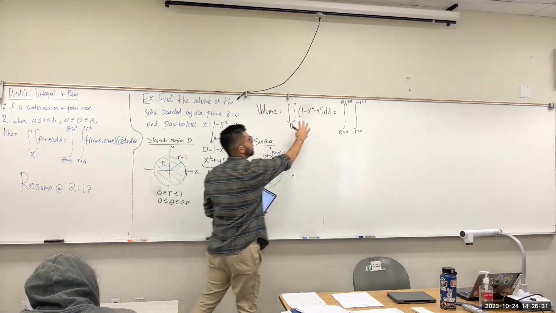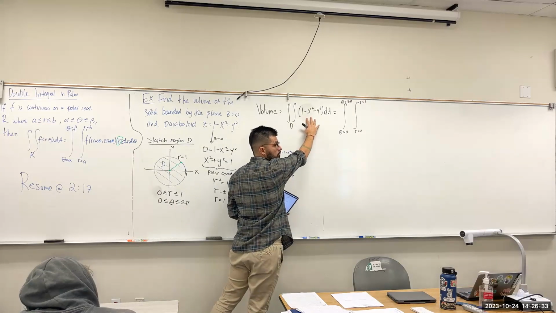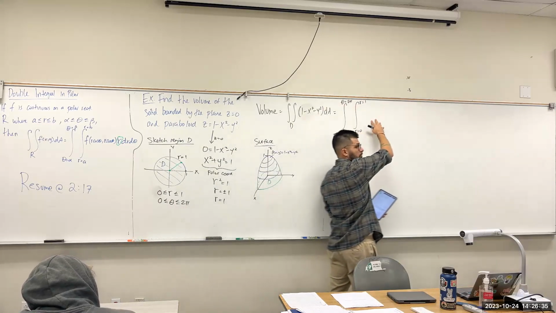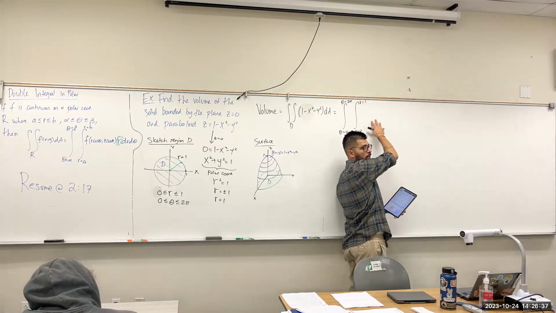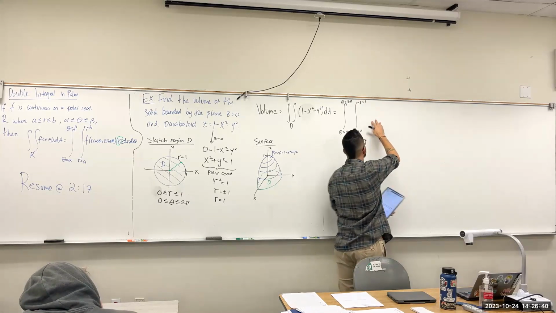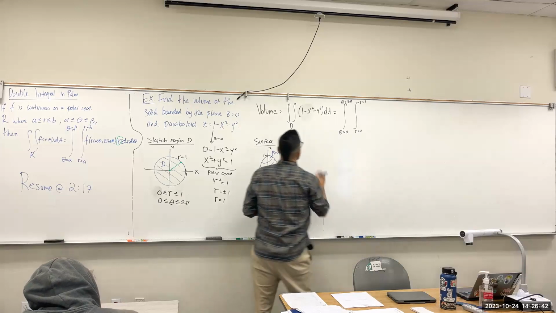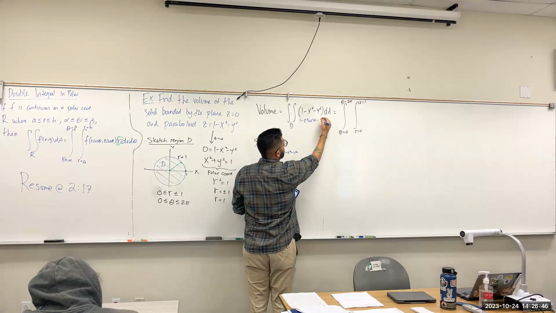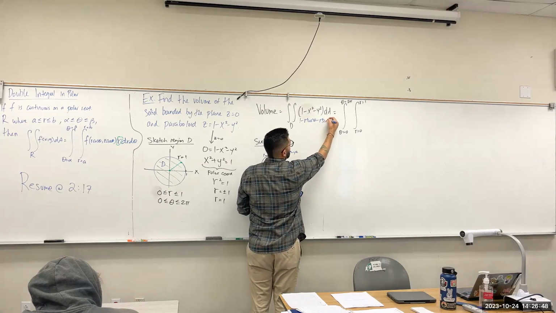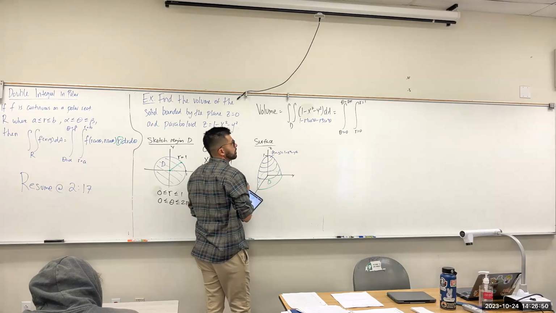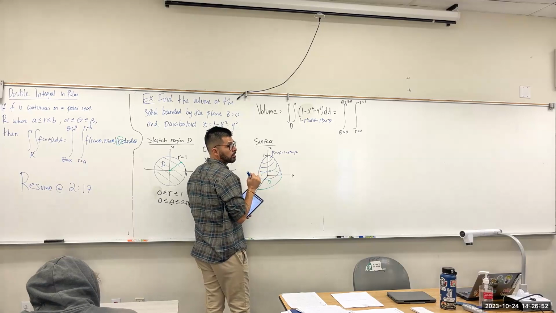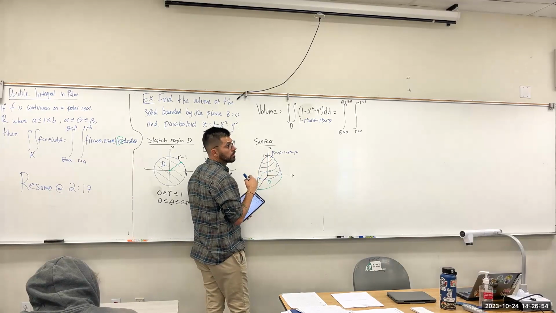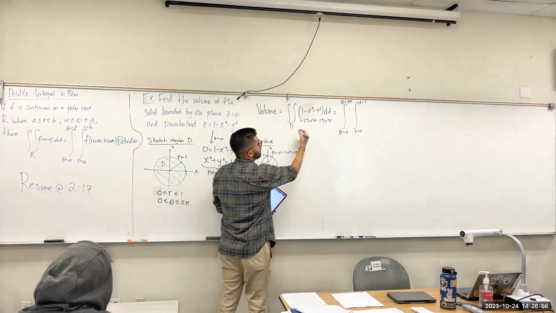What do I have to do with the function? I've got to convert it to polar. That's right. So notice, this is just going to be 1 minus r squared cosine squared minus r squared sine squared. There's a little algebra there. Exactly.